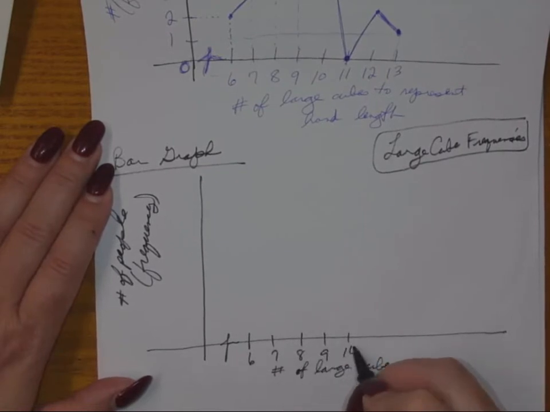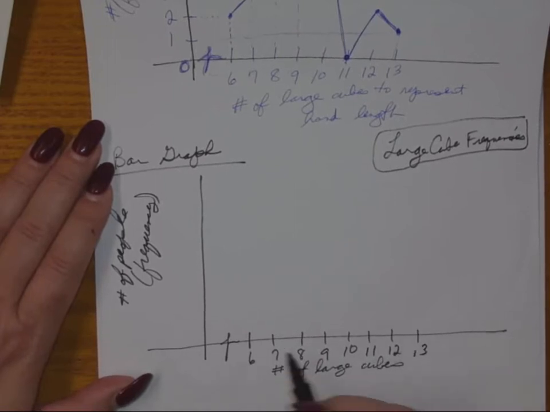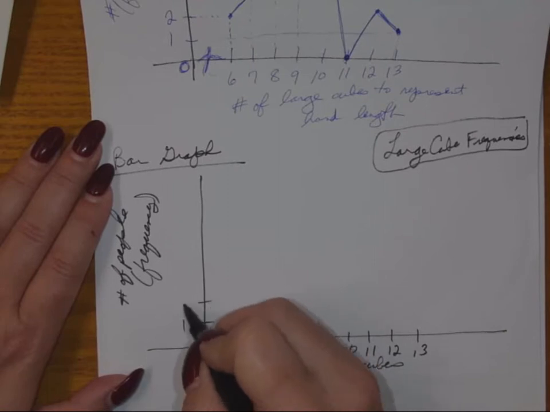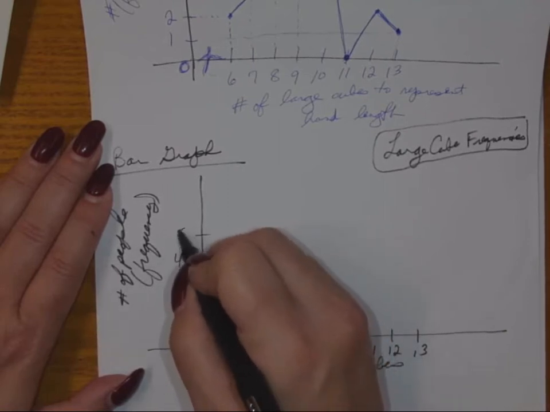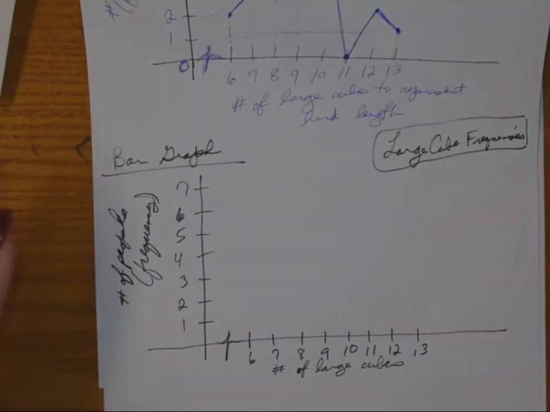Because it's the same data. So again, try to space them as evenly as possible, 6 through 13 on the bottom. I put in my little lightning bolt there to let everybody know that I'm skipping. If you wanted to, you could count by 2s over here, but I'm trying to compare these, so I want them to be as similar as possible.